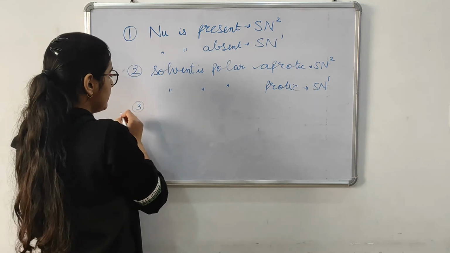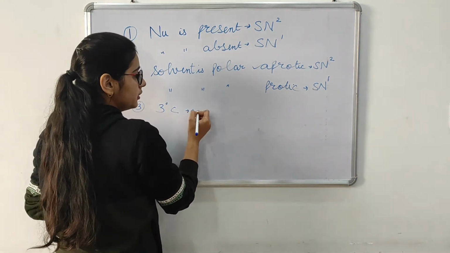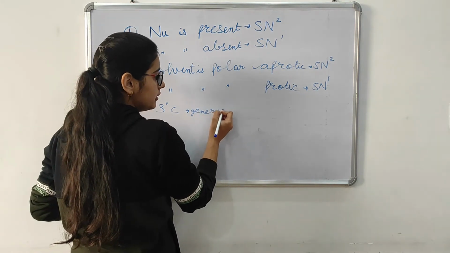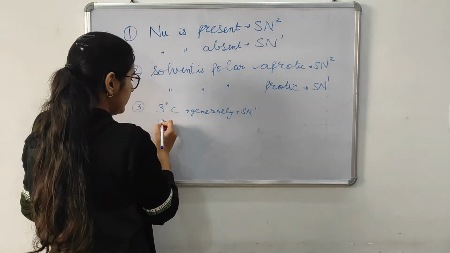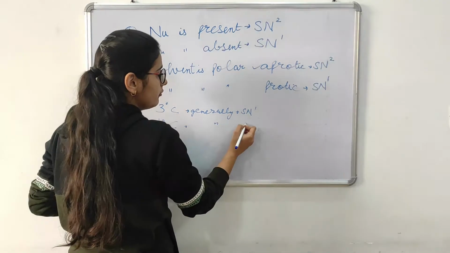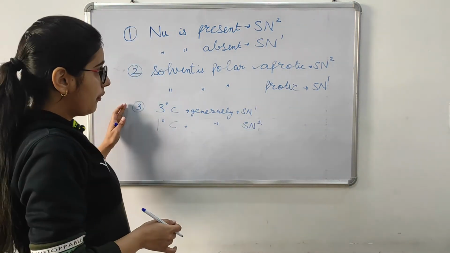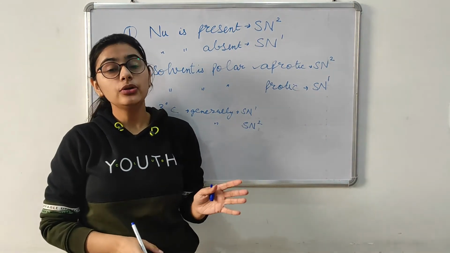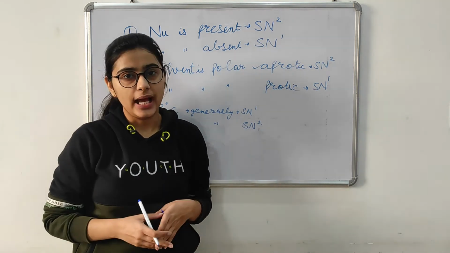Third point is 3-degree carbon will generally give SN1 reaction, and 1-degree carbon will generally give SN2 reaction. So these are the 3 points which will help you to differentiate SN1 reaction from SN2 reaction.